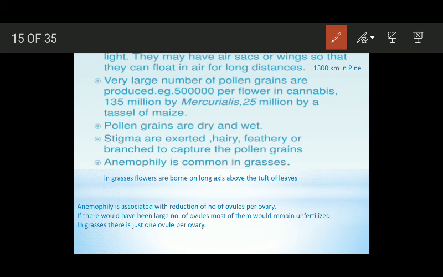So obviously these plants tend to have just a single ovule per ovary. In grasses, for example, you can see there is just one ovule per ovary. Grasses are anaemophilous, and that is the reason they contain only one ovule per ovary.